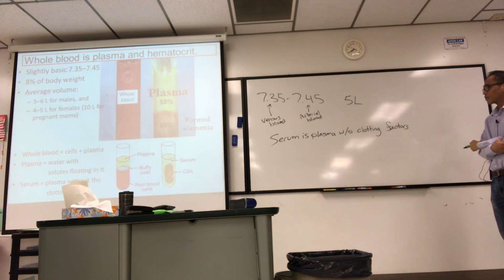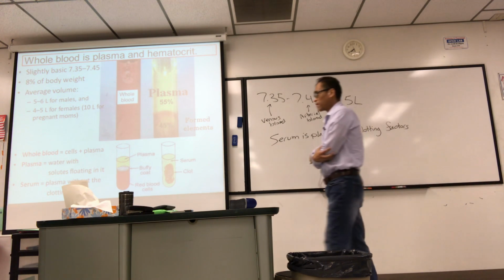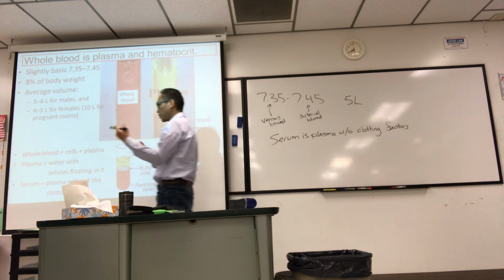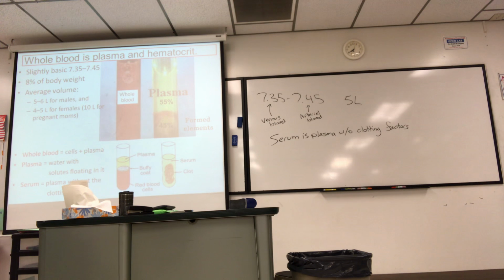So if you don't need clotting factors for your analysis, you can just kind of siphon out the serum. If you need the clotting factors, you can heparinize the tube, you can add things to prevent that coagulation, which we'll get to.